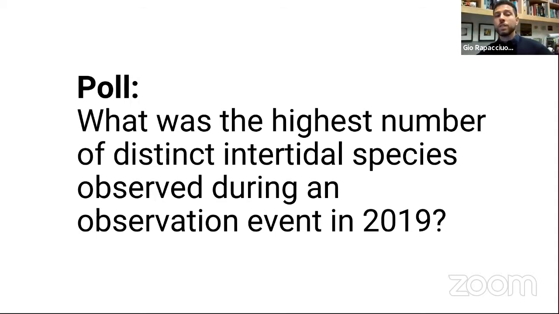Most of you thought it was 74, which would be incredible, but it was actually 65, which is still absolutely incredible, given the numbers that we've seen already. 65 species during a single event is really a lot in 2019.